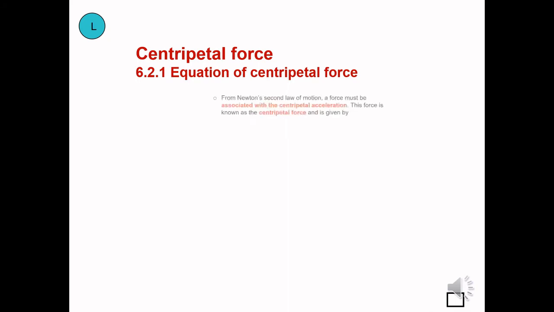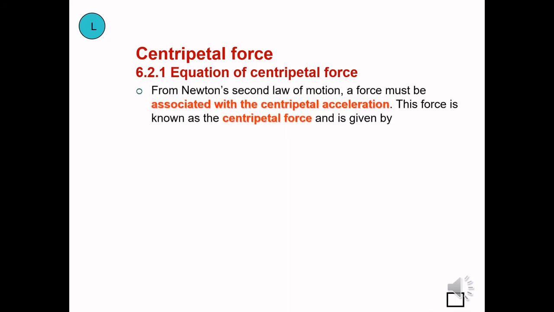Okay guys, we move to centripetal force. Equation of centripetal force. From Newton's second law of motion, a force must be associated with the centripetal acceleration. This force is known as the centripetal force and is given by summation of force equals the net force equals ma.